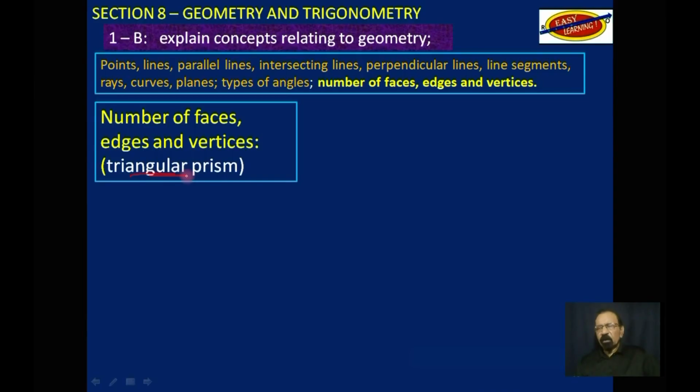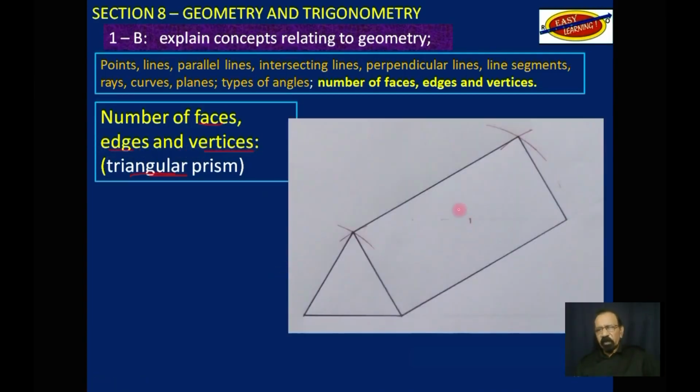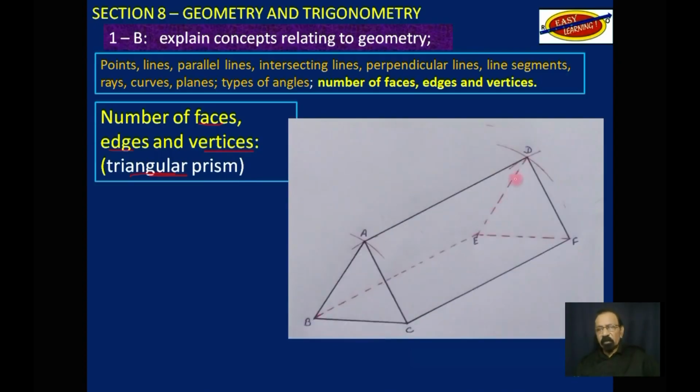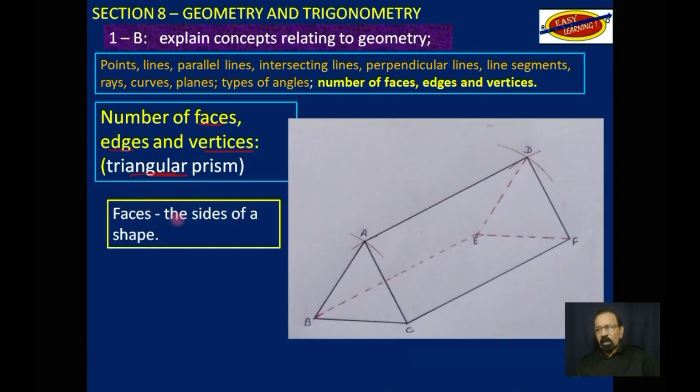So now let's deal with the triangular prism. We are going to deal with specific shapes now, dealing with faces, edges, and vertices. So this is a triangular prism. Let's look at the transparent version. How many faces does it have?